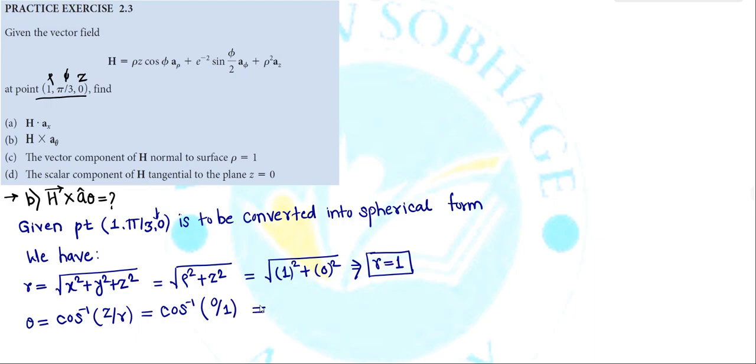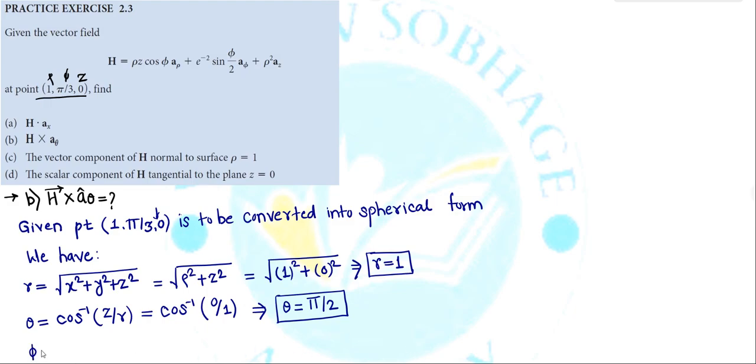Okay, so from that we have theta as 90 degrees, or you can say pi by 2 in terms of radians. So theta is equal to pi by 2. You can make use of your own calculations.